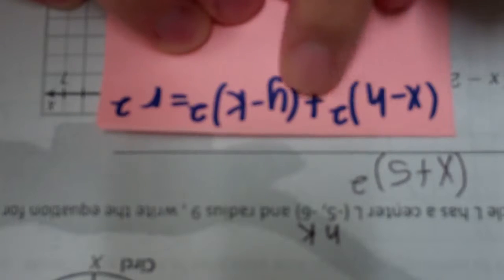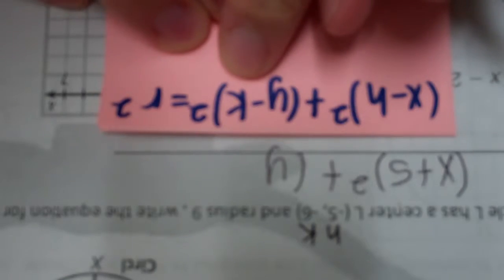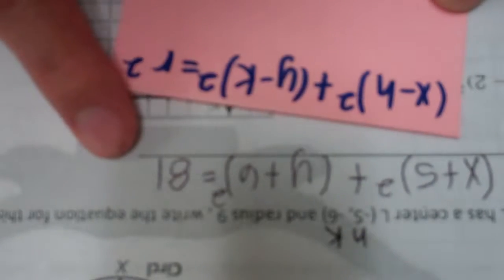Square plus y, and then a -6 goes here, so negative and a negative makes a positive. Square. And the radius is 9, so this radius needs to be 9 times 9. 81. So 9 squared gives you 81. So this is our equation of a circle.